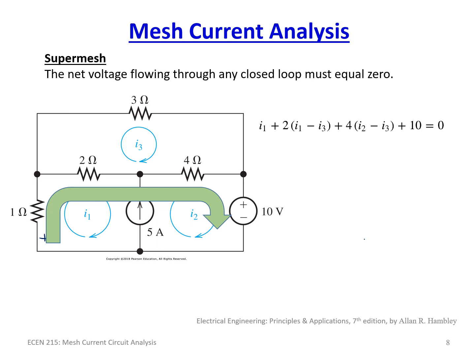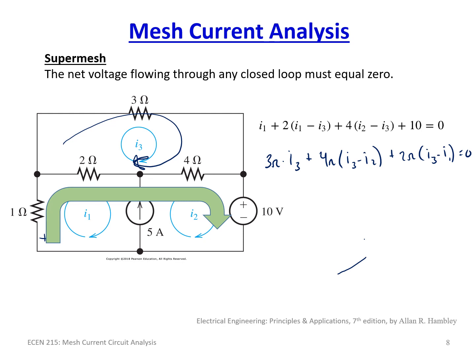So again, we obviously know equation number 2 is we can focus on this one here, which is simply starting with a 3 ohm resistor. You got 3 ohms times I3 plus, in this case, 4 ohms times I3 minus I2 plus 2 ohms times I3 minus I1 equals 0. So right there you have equation number 2.